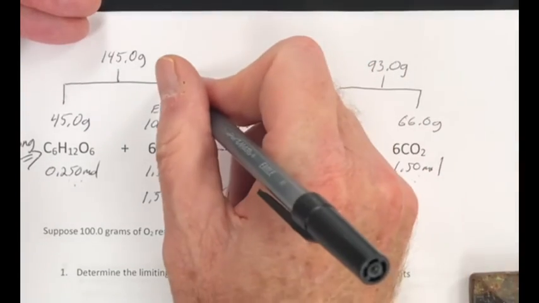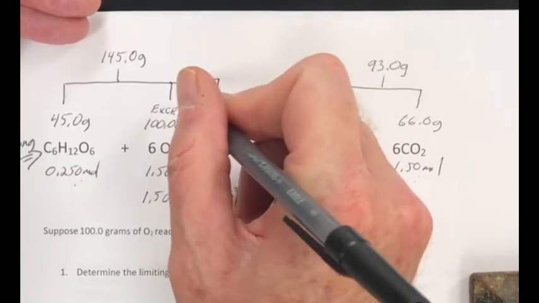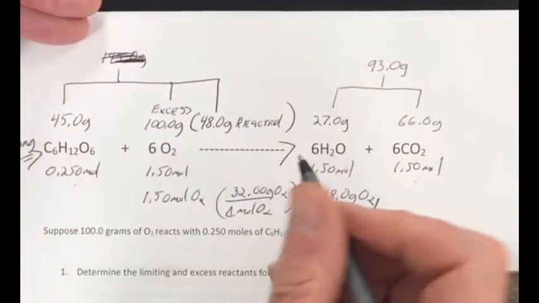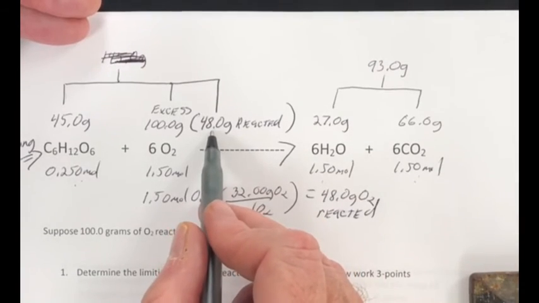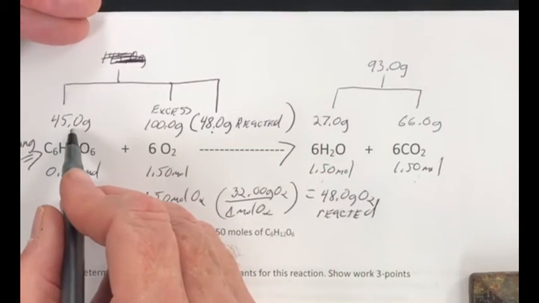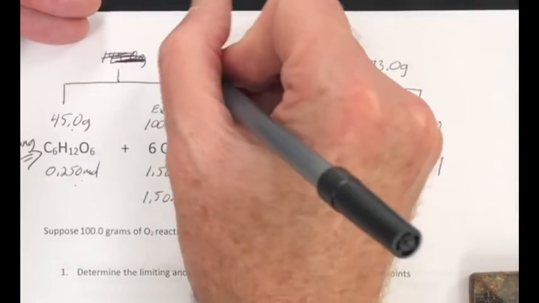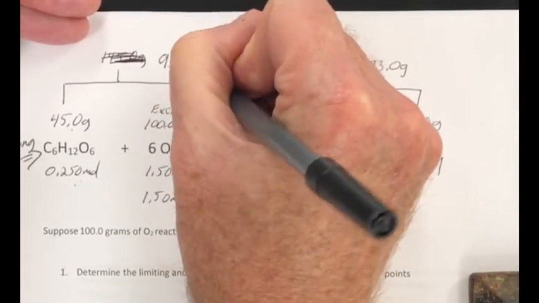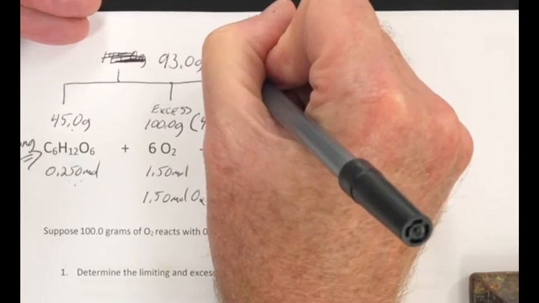And let's add these numbers up now. And I'm going to get rid of that because that's not valid. And I'm going to go 48 plus 45 gets us 93.0 grams reacted.